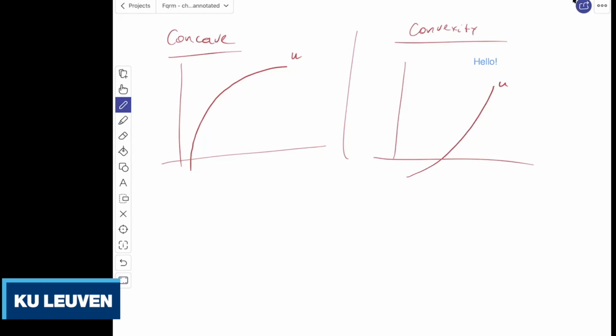In that sense, convexity models a risk-loving decision maker. Concavity was a risk-averse decision maker. Convexity means risk-loving. This is risk-averse. This is risk-loving.